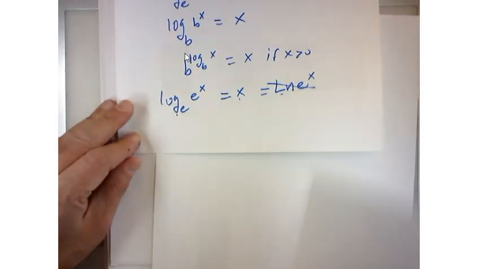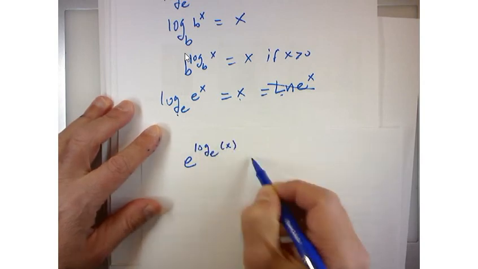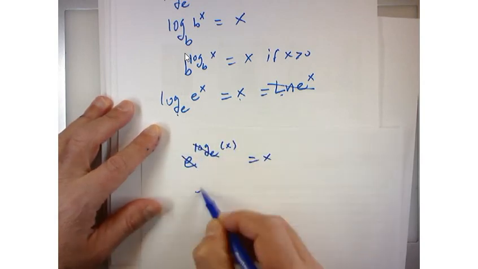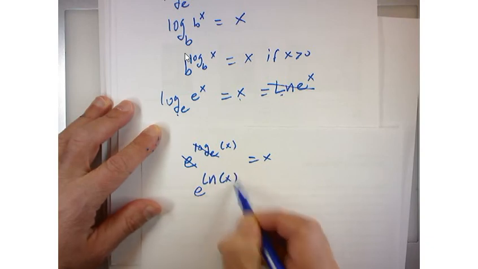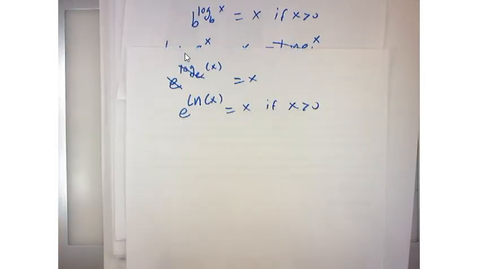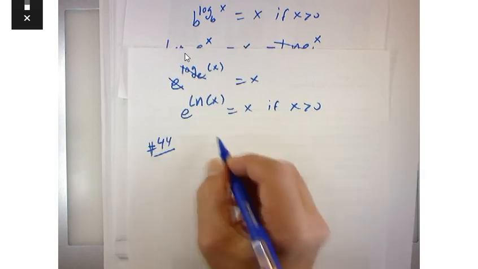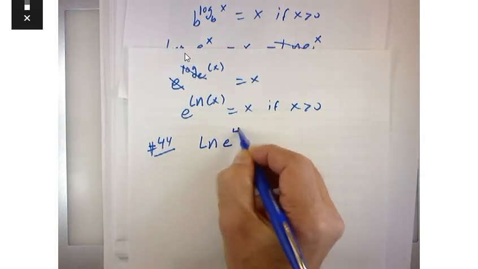And if we do e to the log base e of x, it's x, which is the same thing as e to the ln of x is x, as long as x is positive. Remember, logs don't behave well with negatives or 0.